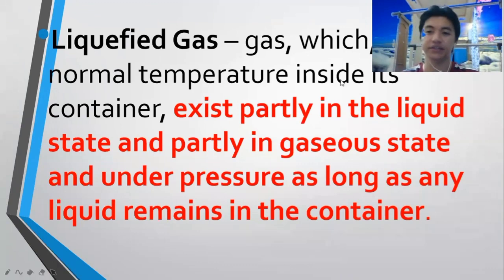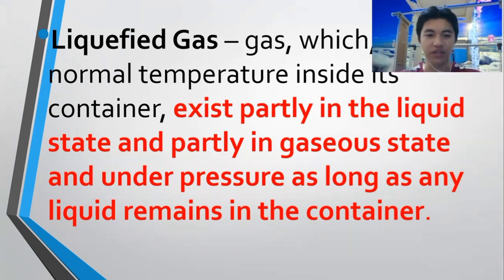The lighter, it appears to be a liquid, okay? But when you take off the cover of the lighter, the liquid form that we see will disappear, it will vanish.